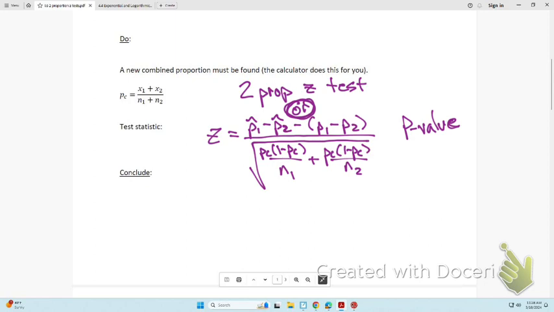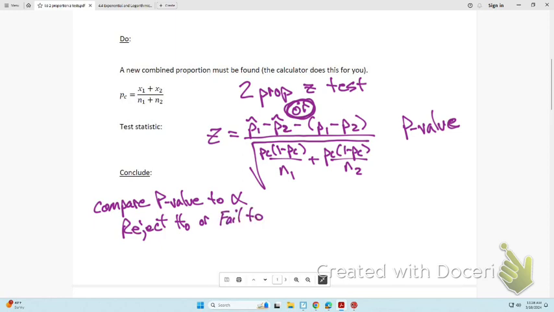In the conclude step, compare P to alpha. You'll either reject H0 or fail to reject H0, with context.